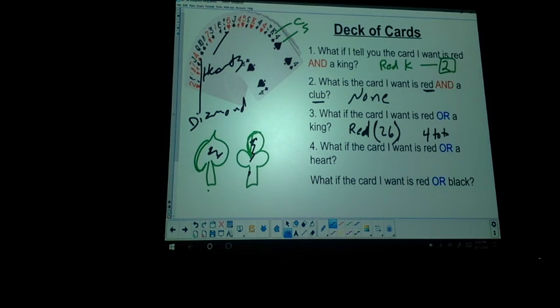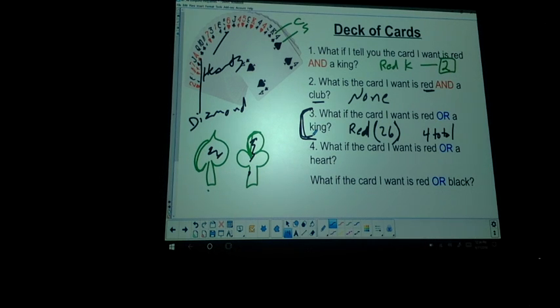Now, are some of those 4 kings red? So how many cards are we talking about in this situation? 26 happen to be red or kings. How many kings are there? 4. How many of those kings happen to be red? 2. 30. It's not 30.